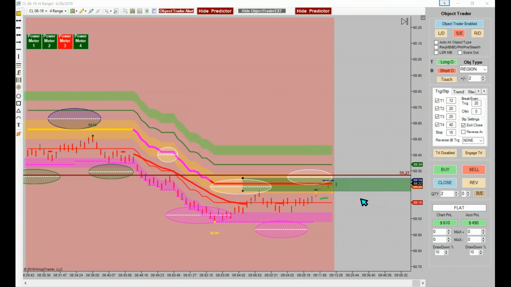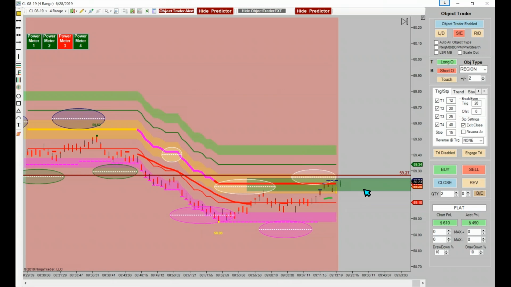It's going to go a little higher. That's what I normally do when it does that. Just kind of follow the bar for a rollover bar.